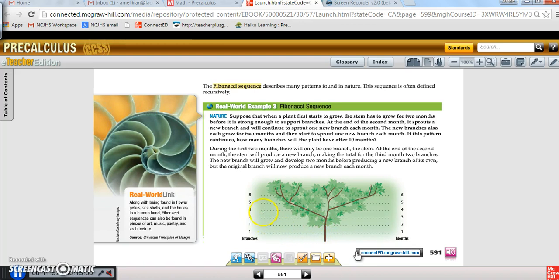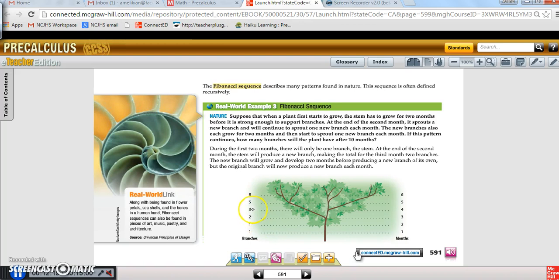The next month, the number of branches increases in a Fibonacci series. You'll get another branch here, plus the ones you had before. So it's 1 plus 2, and you're going to get 3.